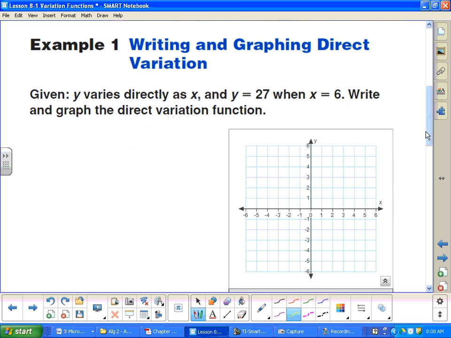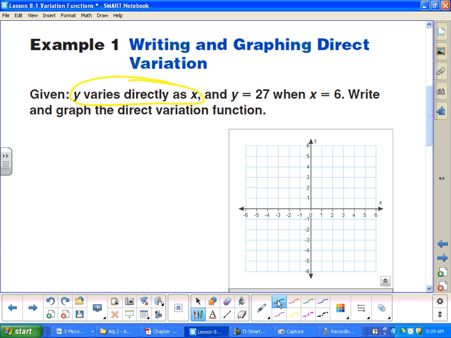So, writing and graphing direct variation problems. If it's direct variation, it's always going to say that y varies directly as x. So they tell us that y equals 27, x equals 6. Write and graph the direct variation function.